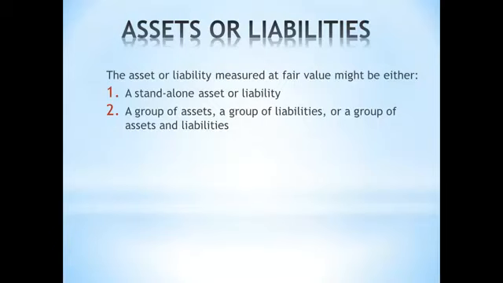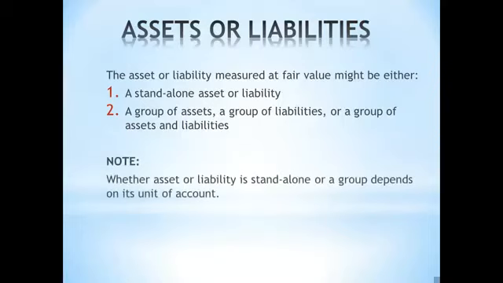When it's standalone, that particular item is singled out, or it could be in the form of a portfolio of several assets and liabilities as well. With all this, bear in mind that we use the unit of account to help us. A key thing to note is that whether an asset or liability is standalone or a group depends on its unit of account.